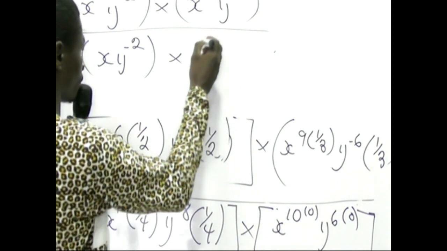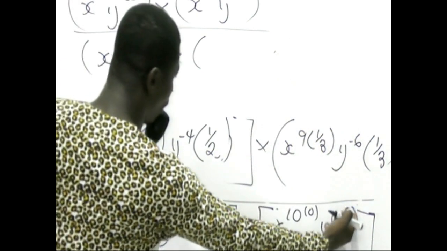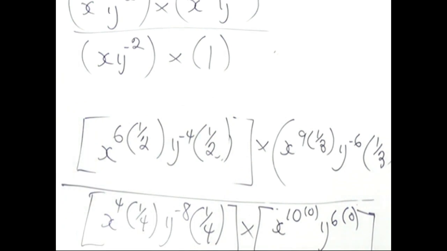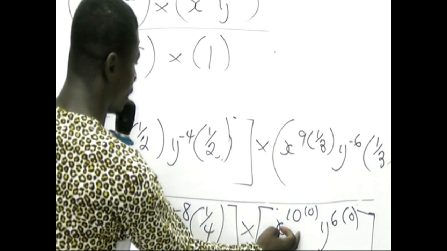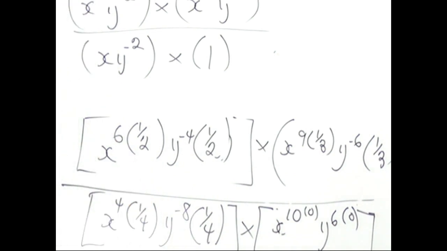The whole of this, because everything is power 0, I am simply going to get 1 for that. So the whole of x power 10, y power 6, all power 0 will give me 1. That one, you should take note of.